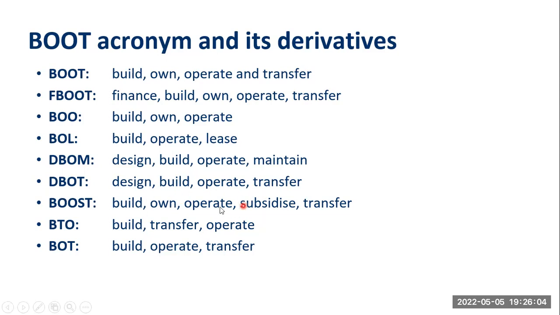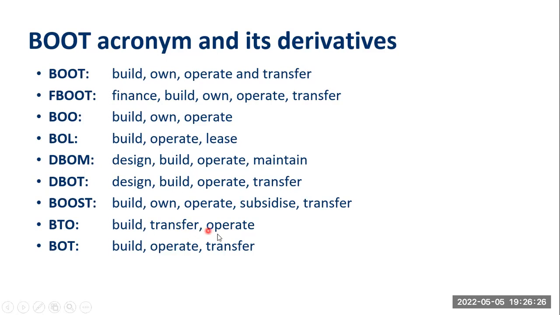Because probably you have operated it for some time. So if the building should cost $100,000, at the time you are going to give it out, because you have to recoup your 100,000, you just let them pay 50% or 20%, and then you give it to them. Yeah. Then you have BTO, build, transfer, and operate.